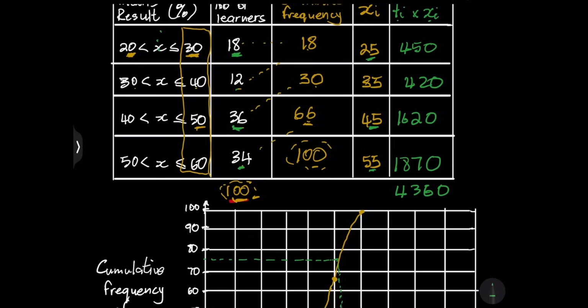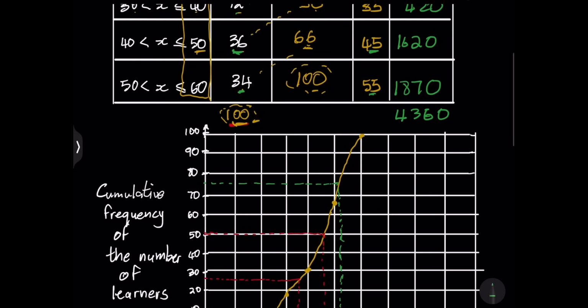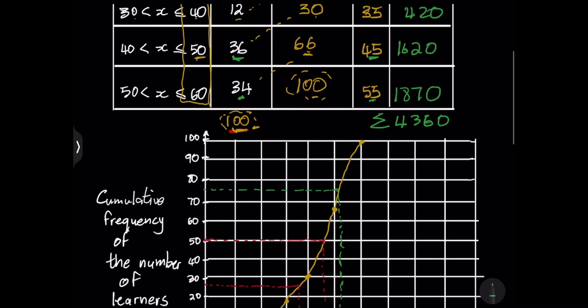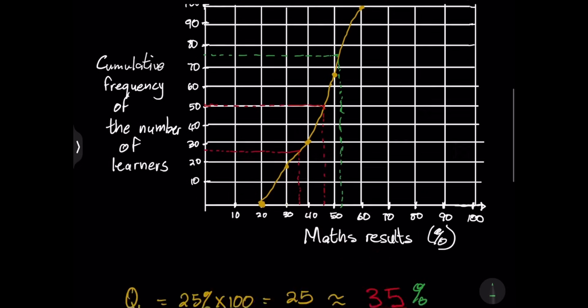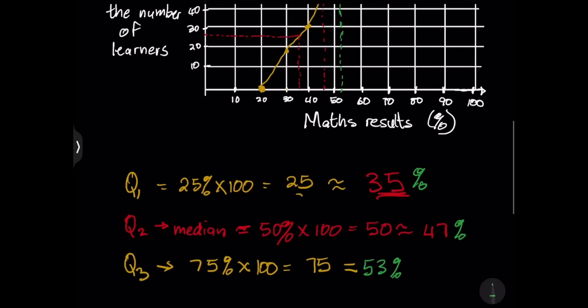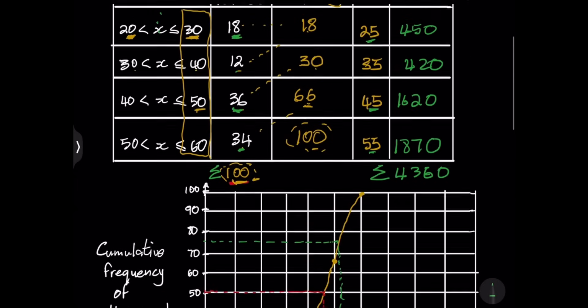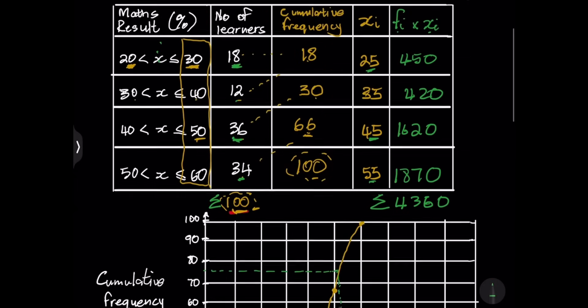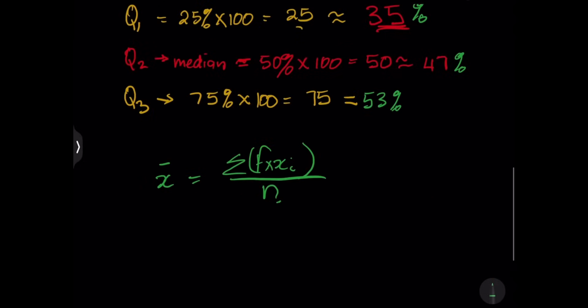So that's 4,360. Now remember, this is the sum of our frequency multiplied by the midpoint, divided by the total sum of your frequency. In this case, the number of learners is 100.